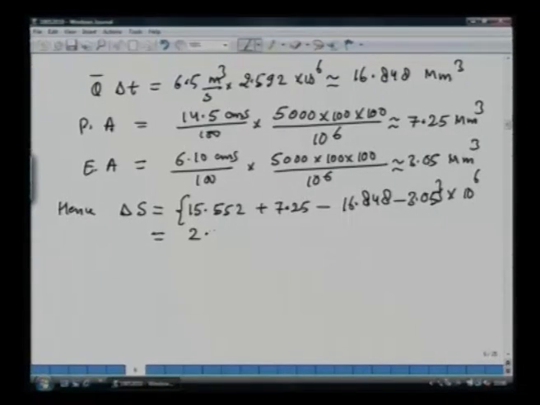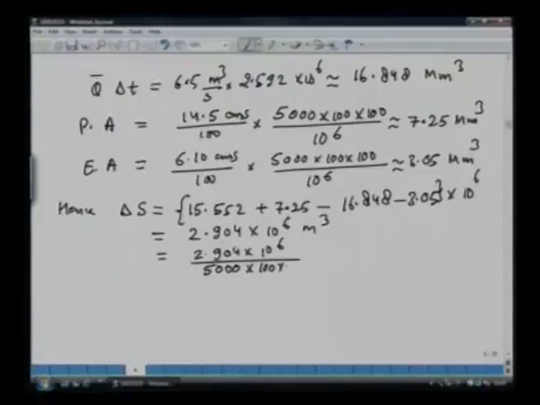You simplify that, it will be 2.904 times 10 to the power 6 meter cube. We want to convert this into length units, so we divide this by the surface area of the lake, which is 5000 hectares, multiplied by 100 meters and 100 meters. So it will be about 0.058 meters.